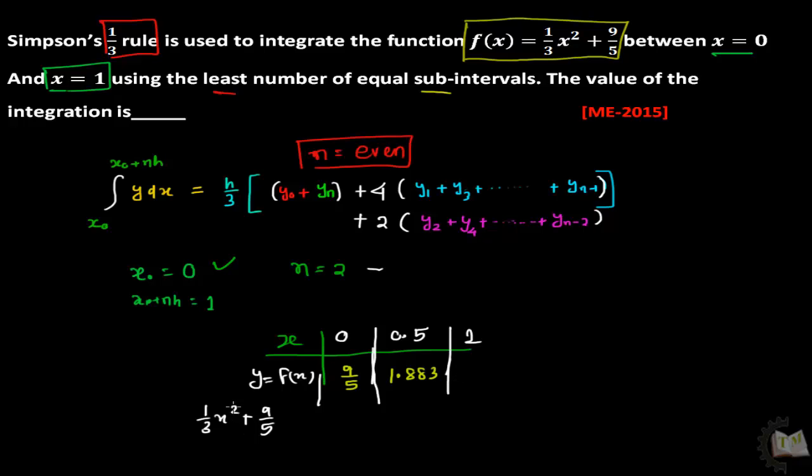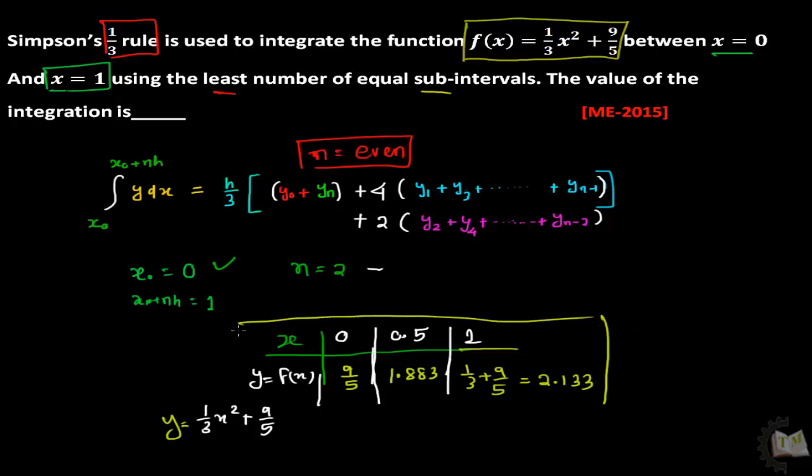When you put x equal to 1, you will get 1/3 plus 9/5. After simplification, its value will be 2.133.